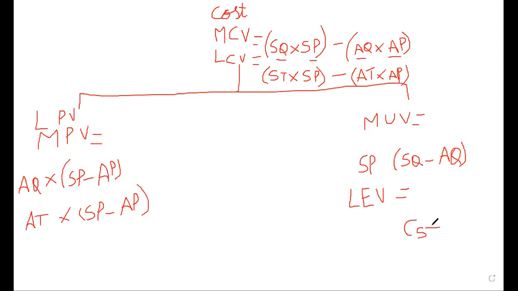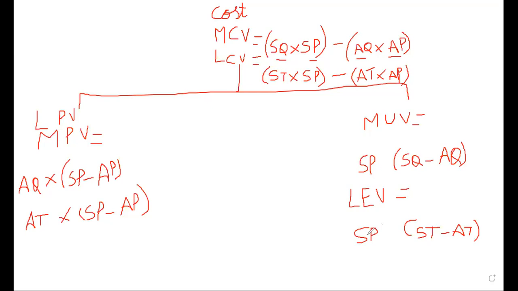So the logic is the same. The terms differ depending on each situation. So this is actual time applied at the standard rate or standard price, or what we call standard rate also. Similarly, we also have variable overhead variances.